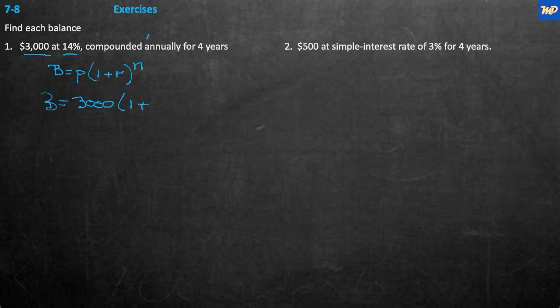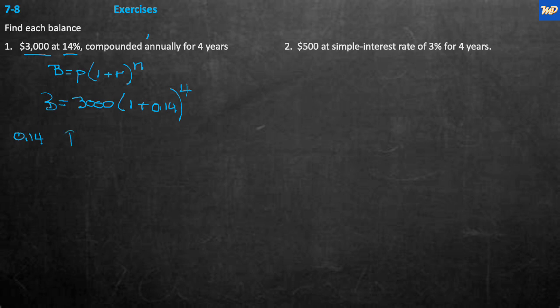And 14% is how much? 0.14. Raised how many times? The nth power here is 4, because there's no extra compoundings during the year.